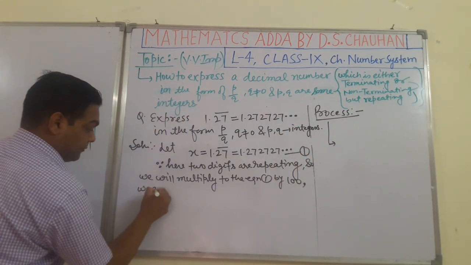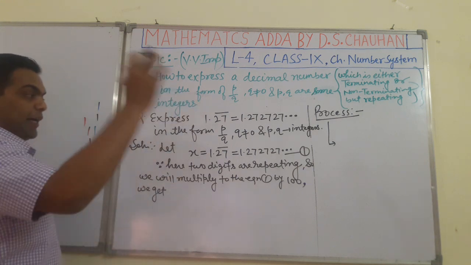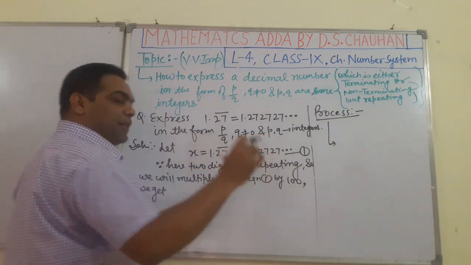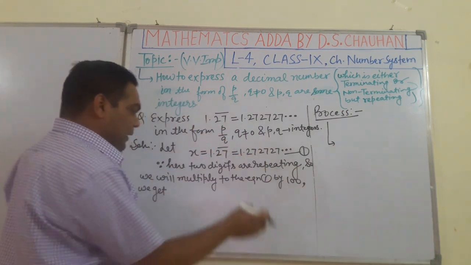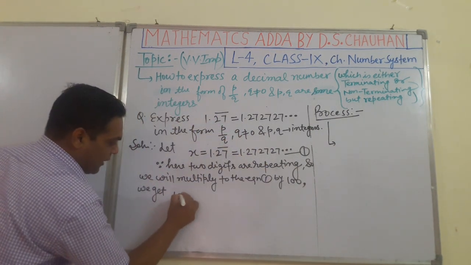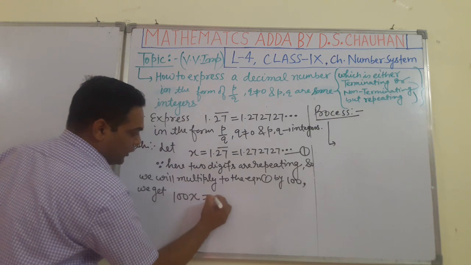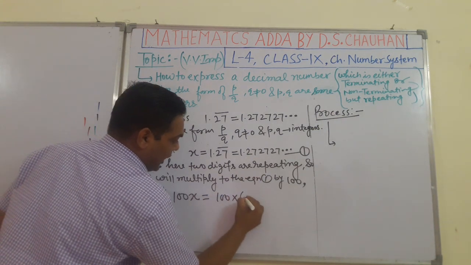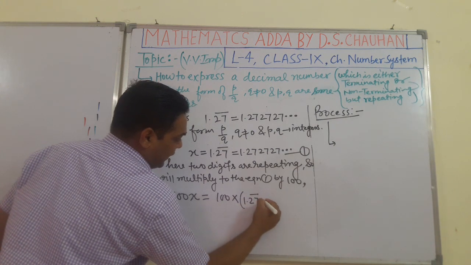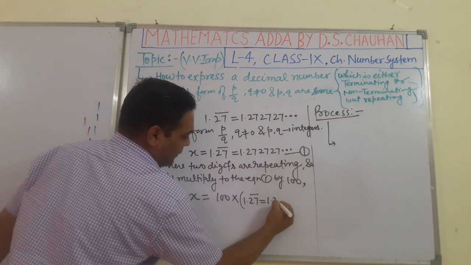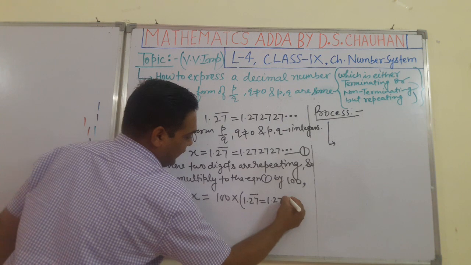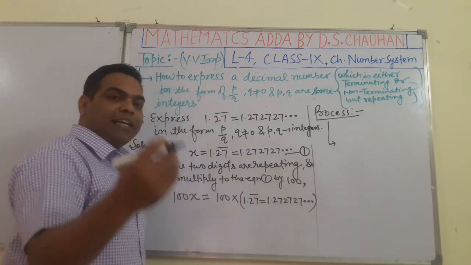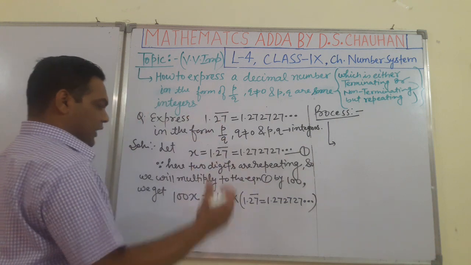Both the left and right sides of the equation will get multiplied by 100. What we will get here: 100x equal to 100 into 1.27 bar, which can be treated as 1.272727 and so on. Just for your understanding, I am explaining here, students.